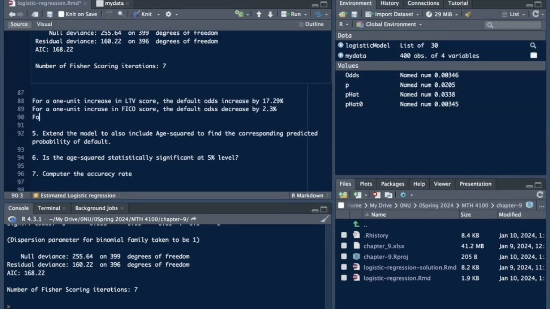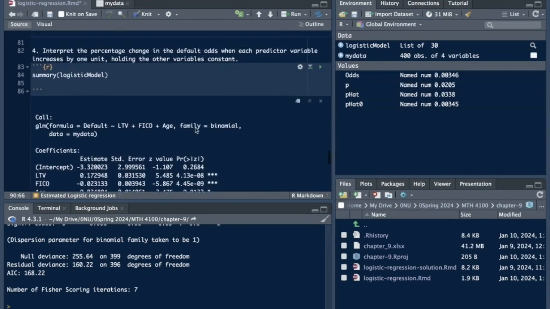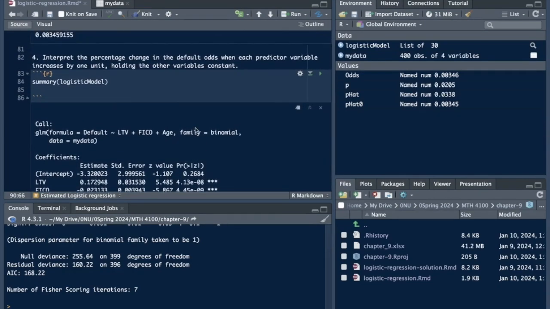Finally, for a 1 unit increase in age, the default odds would increase by 3.4%. This is the interpretation of the percent change in the default odds when each predictor variable increases by 1 unit, holding other variables constant. This is the partial effect of the variable on the odds of default.